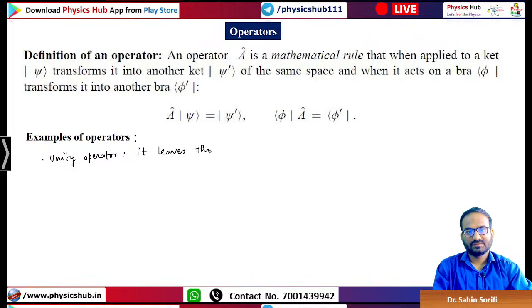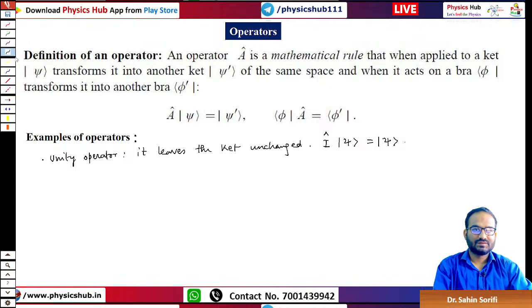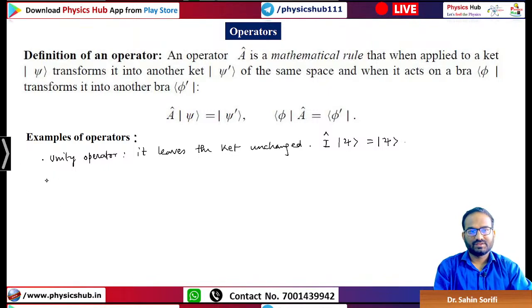It leaves the ket unchanged. Means if you apply it on some ket psi, let's say the identity operator denoted by I cap, this ket will remain unchanged. So this is the unity operator.